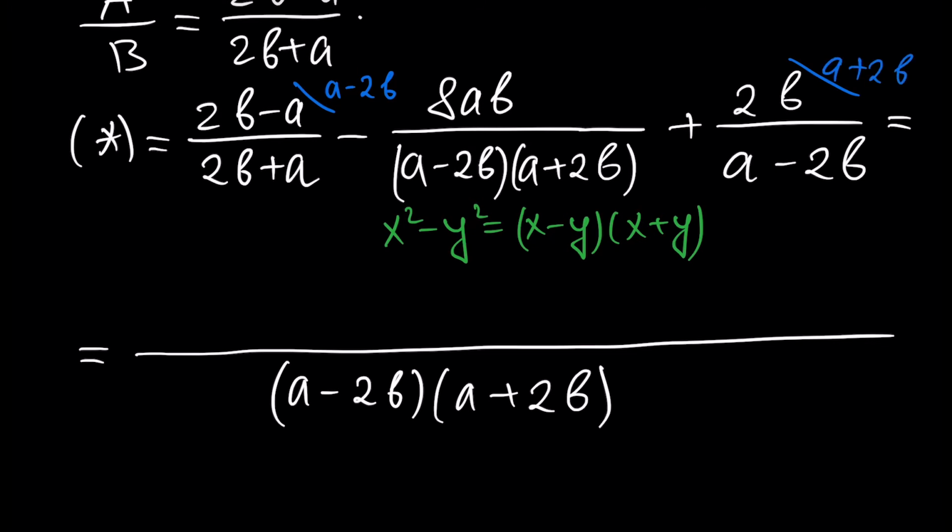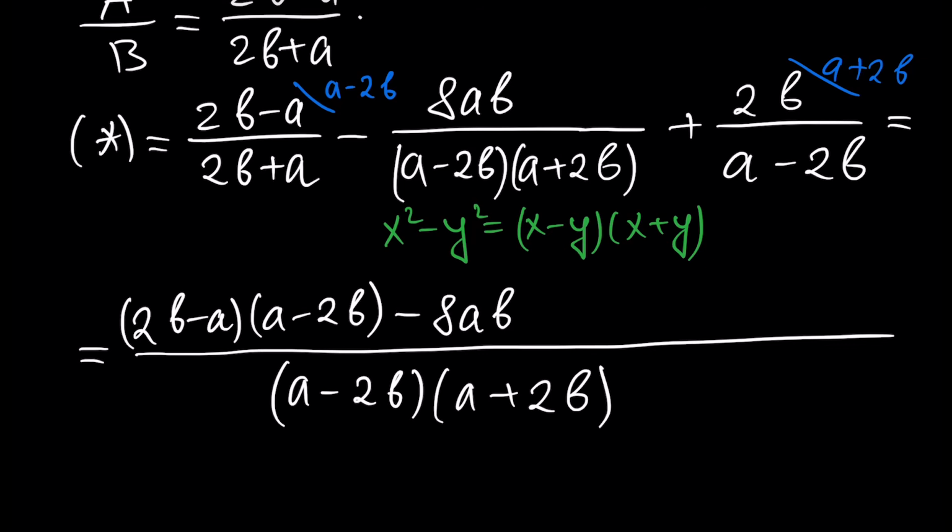And if we rewrite, we will have 2b minus a times a minus 2b minus 8ab plus 2b times a plus 2b.